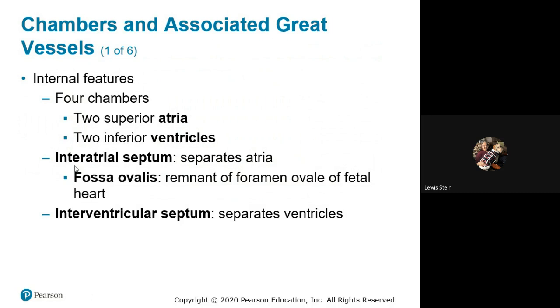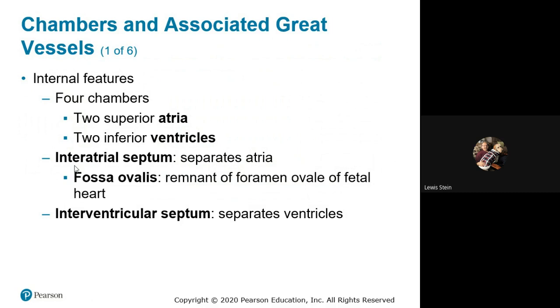So before you're born, there's a little opening. It has the same name as a structure of the brain, the foramen ovale, which is an oval-shaped opening. At birth, magically it closes, and you still see a little bit of indentation.